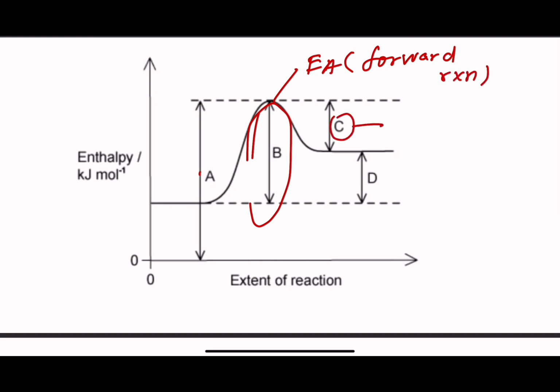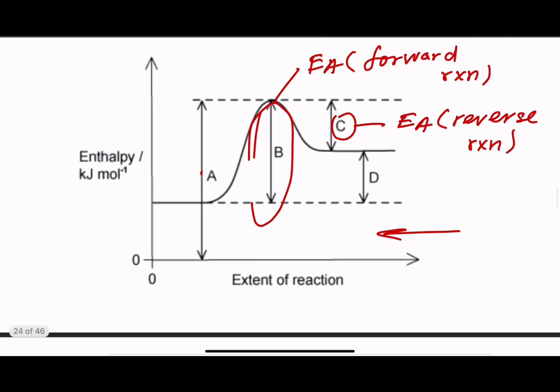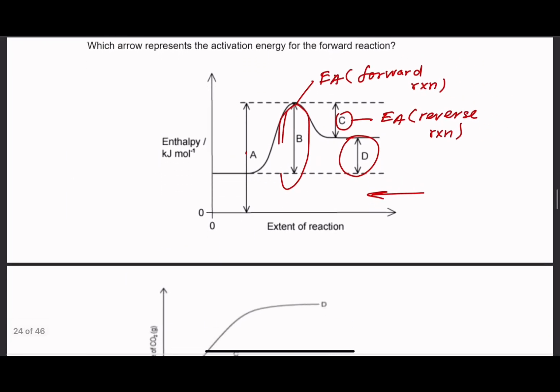C in here is the activation energy, EA, for the reverse reaction. You know, the reaction might go from forward to backwards. We have discussed it with you. And D, we have done it with you guys in the class as well. I have mapped it out, so please go through your notes.